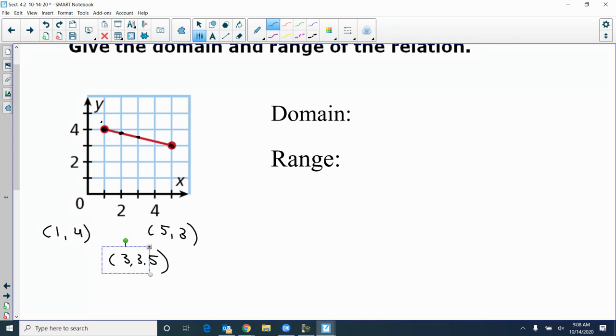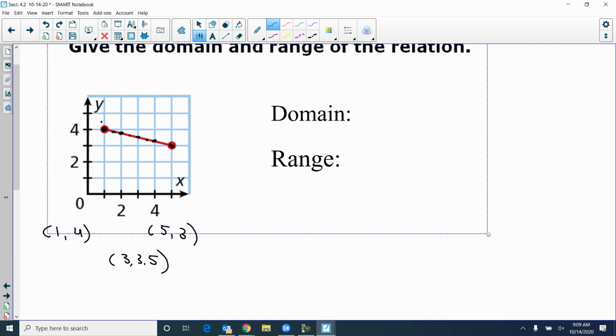Yeah. What's the X value of that point? It is 2. Is this a point on the line? Yeah. What's the X value there? 4. Are there other points that have other X values? Yeah. Preston, what would be the X value of that point? 1.5, and then that's 2.5, and that's 3.5, and that's 4.5.